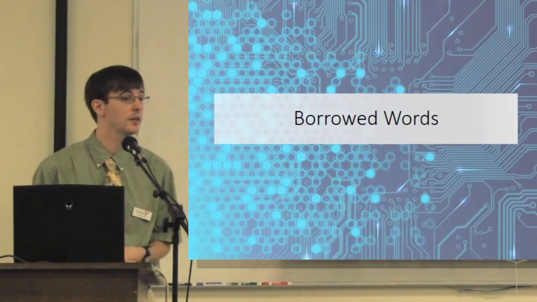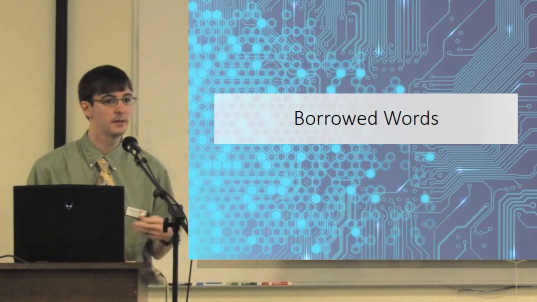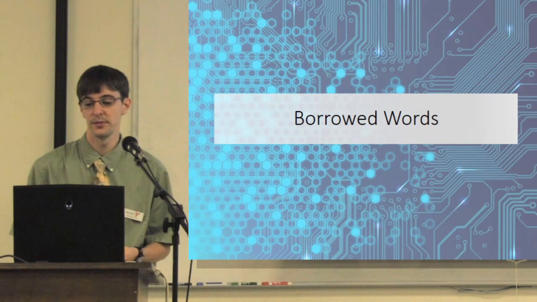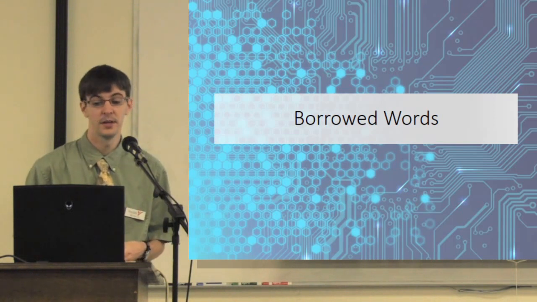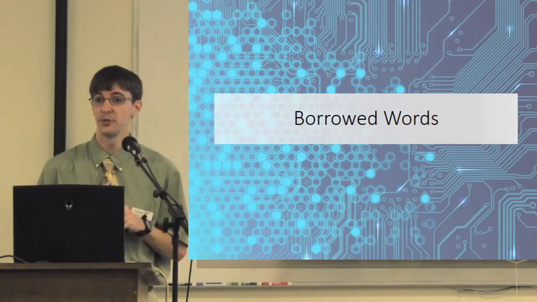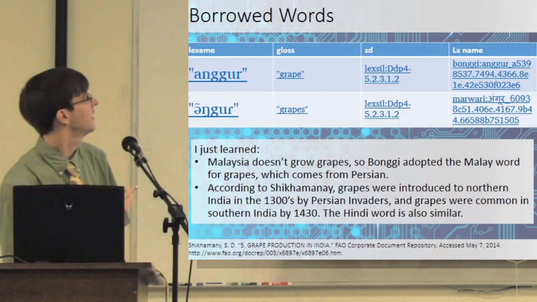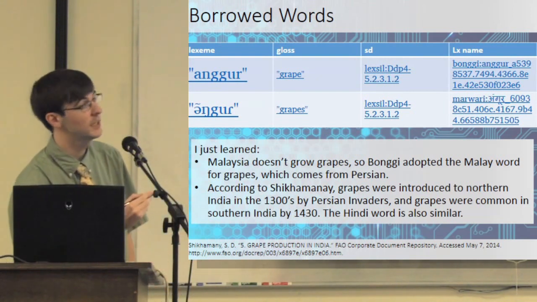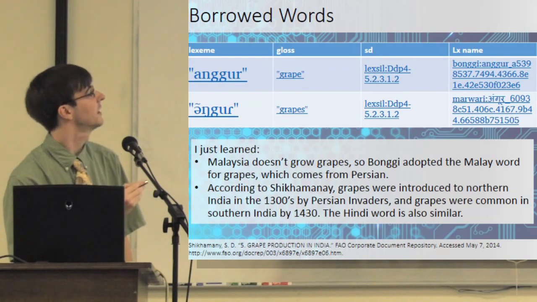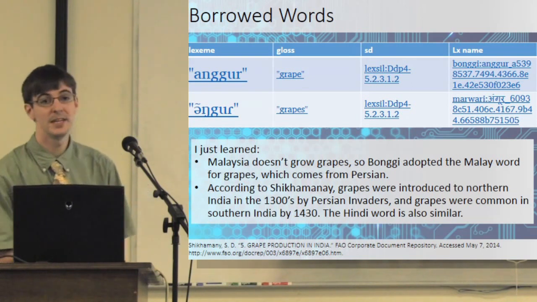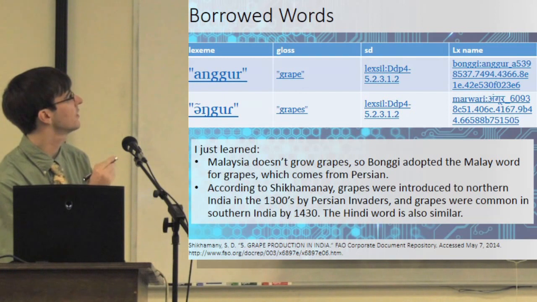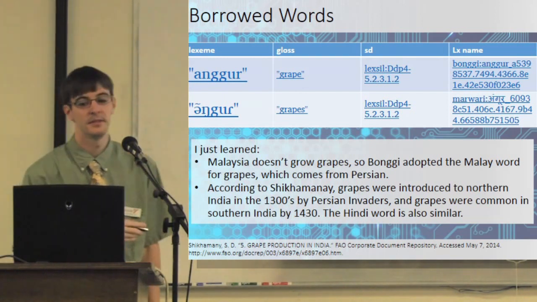So I didn't have any related lexicons in my data set, and I didn't think I'd be able to do much searching on borrowed words. But the page that I showed you before, and I didn't even notice this at first when I pulled the databases: the words from Bongi from Malaysia, and Marwari from India, they have basically the same word for grape.